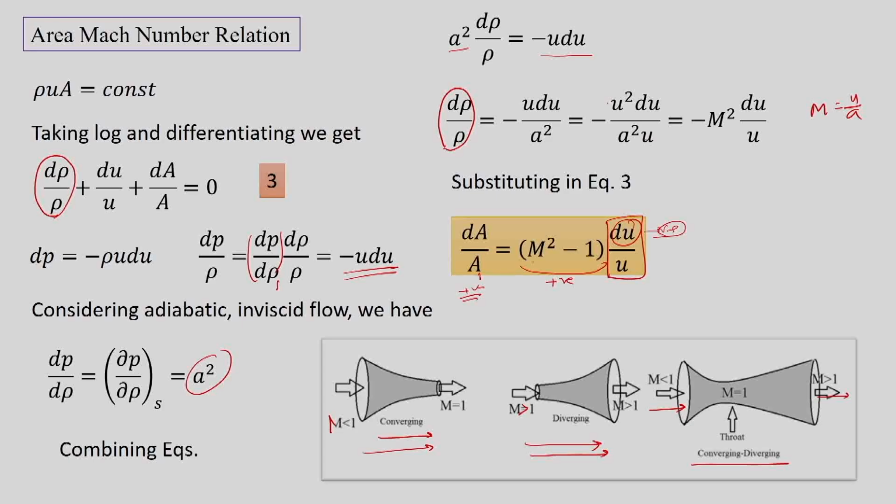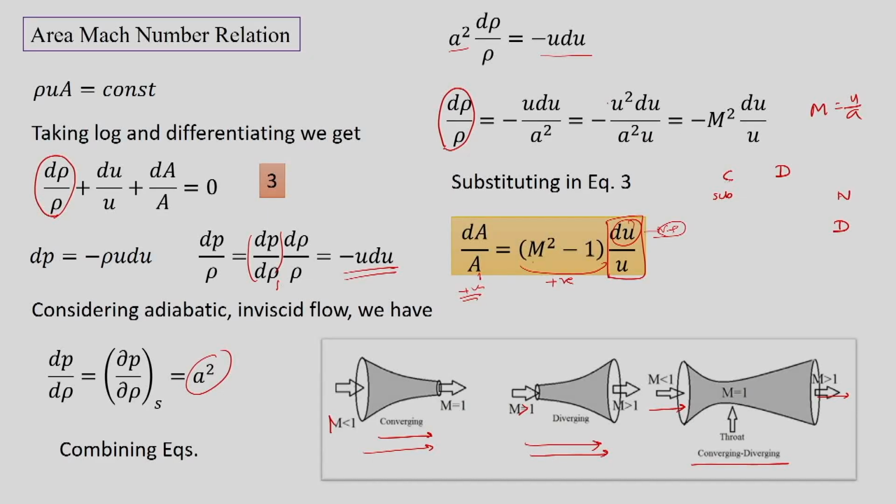So, we have three things here: we have converging section, we have diverging section, and we have nozzle and diffuser.